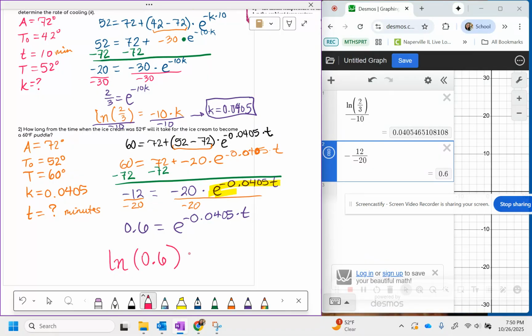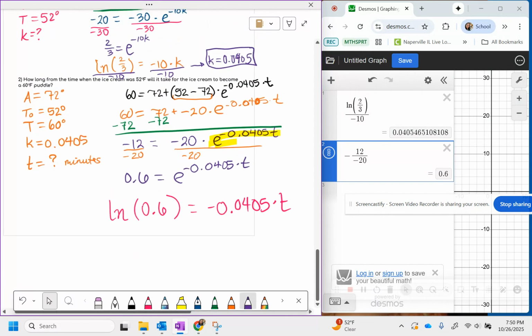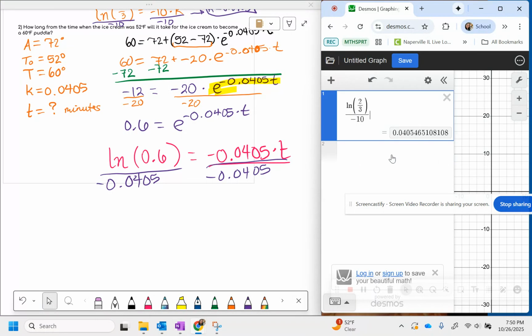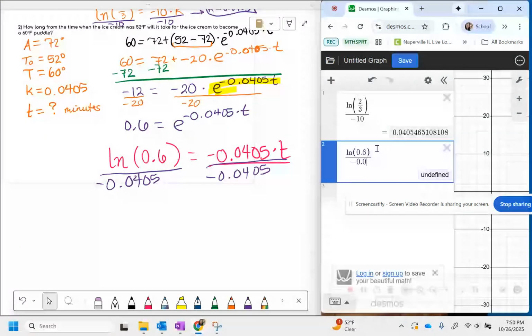My argument is 0.6, and my exponent goes over here. And then to get t alone, I will divide both sides by negative 0.0405. And that should give me a time that hopefully is not negative. All right, so ln 0.6 divided by negative 0.0405. Yes, so I have 12.61 minutes.